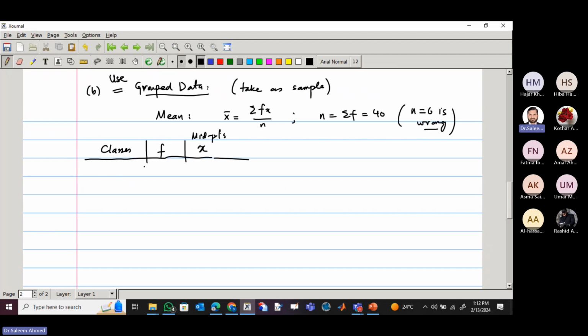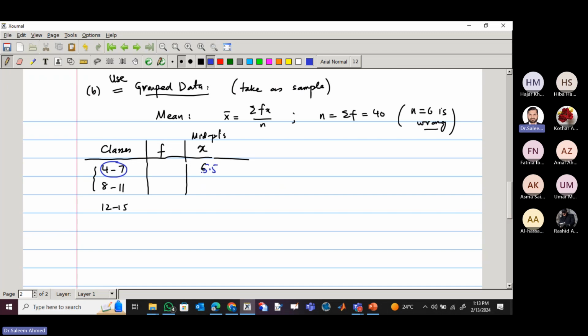The first class was 4 to 7, then 8 to 11, 12 to 15. We can take the midpoint of 4 and 7, which is 5.5. So I can start with 5.5, no issues.